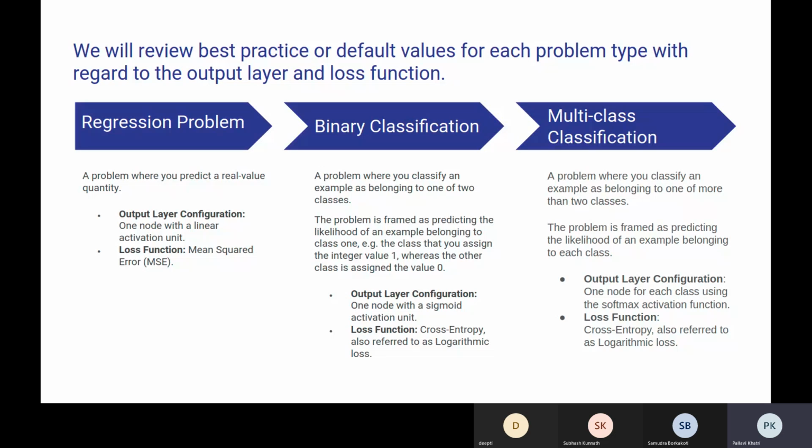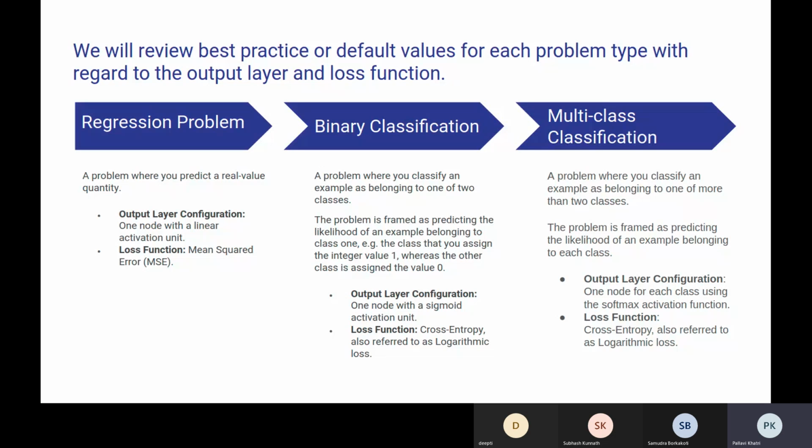The sigmoid function is used where I have just two classes, and the softmax function will be used when I have a multidimensional probability distribution.